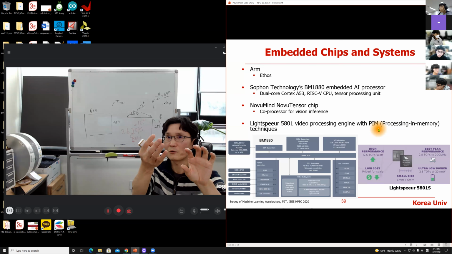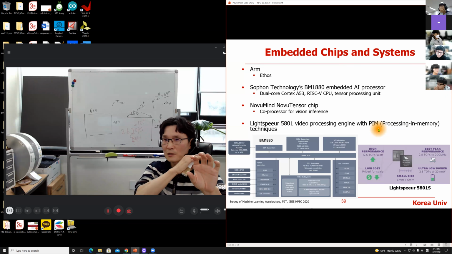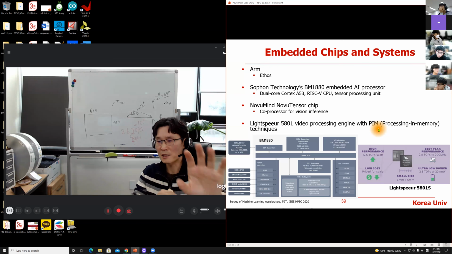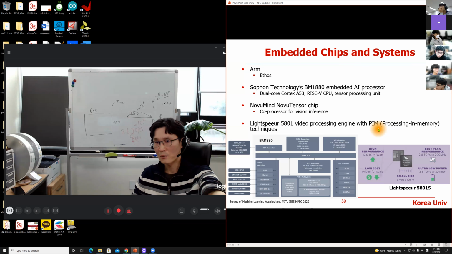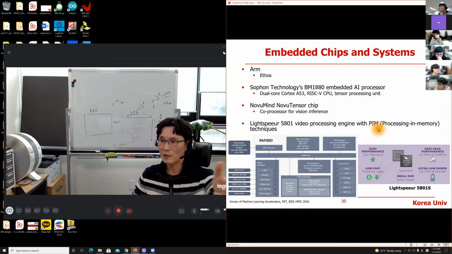You don't have to read the data and let the CPU do the multiplication. The data stays in memory, and you can do simple arithmetic operations there.